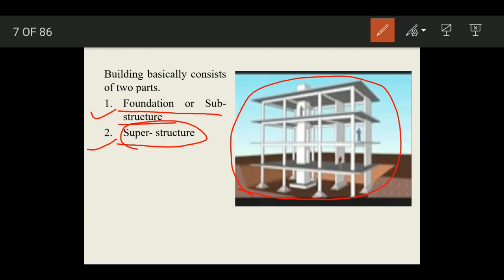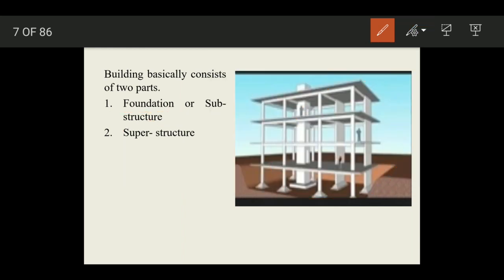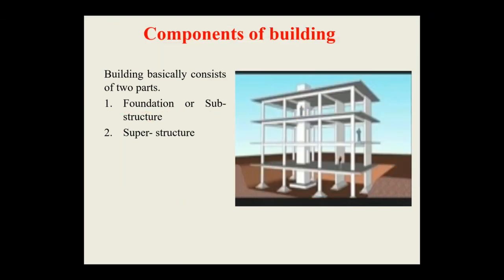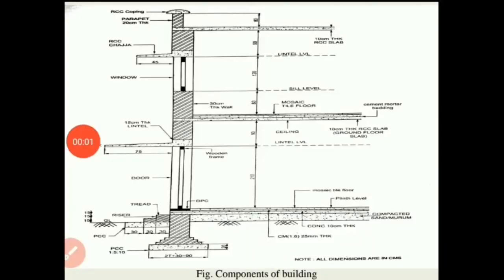The part of the structure below the ground level is known as substructure or foundation, and the part of the structure above the ground level is known as superstructure. Now next, this figure shows building components, and the building is classified into two parts.